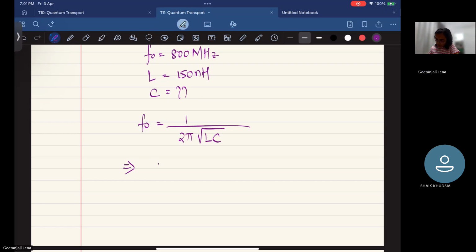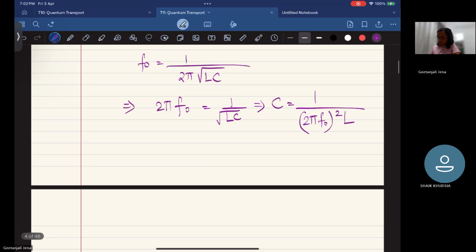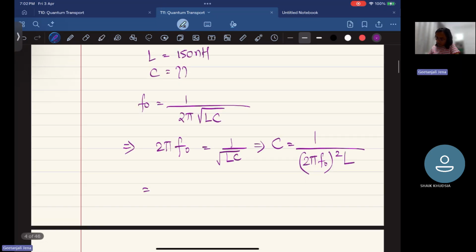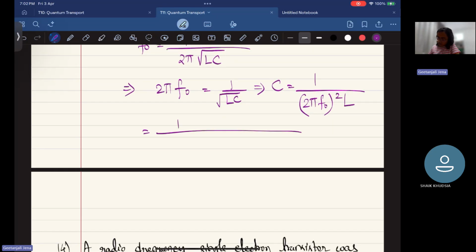So 2 pi F0. You want to calculate C, so that means C is 1 over (2 pi F0) squared times L. F0 is given as 800 megahertz.